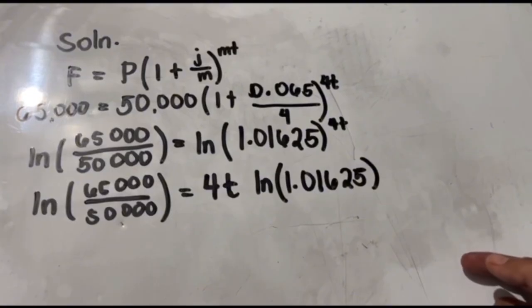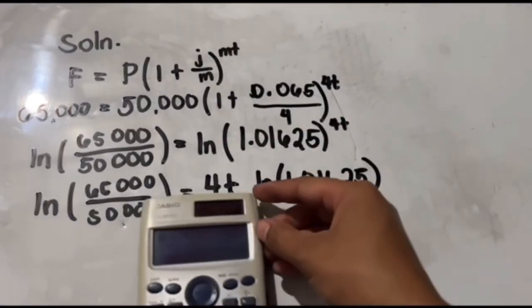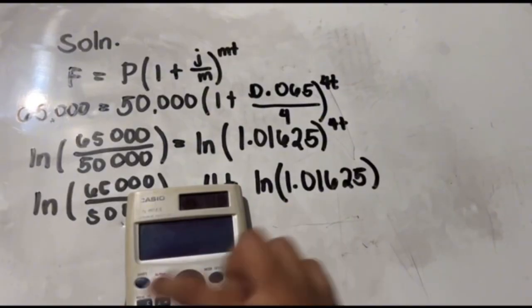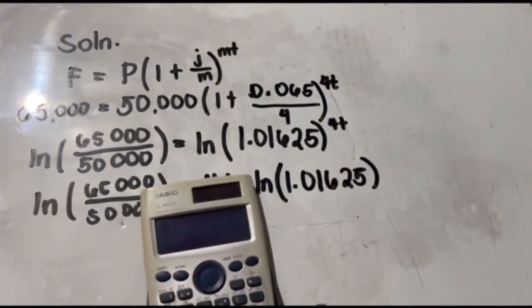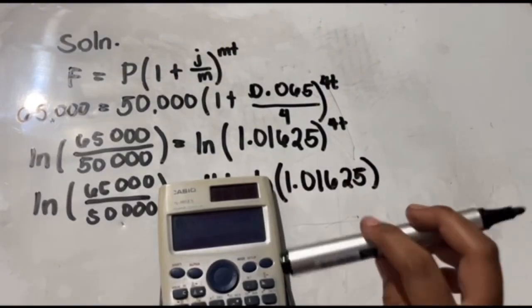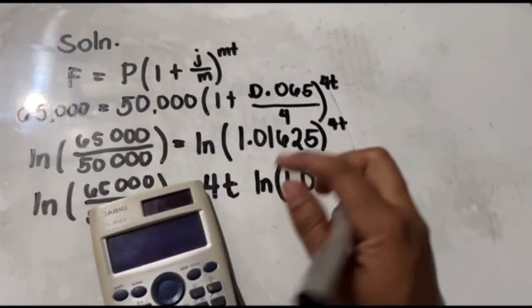So now we can solve it. Using our calculator, just plug in ln, the logarithm, open parenthesis, 65,000 divided by 50,000, equals, so this is the answer. After getting the answer, we will divide it by this.